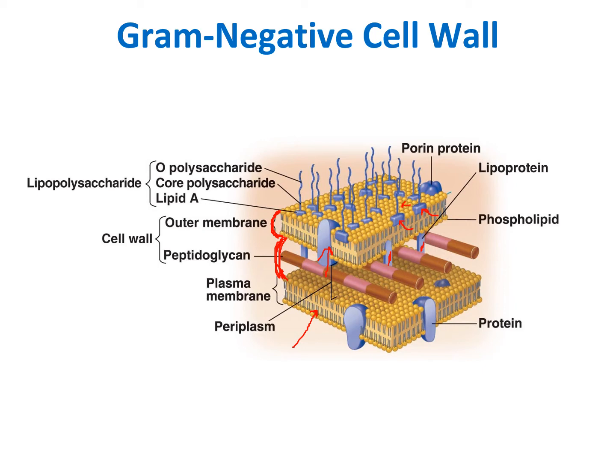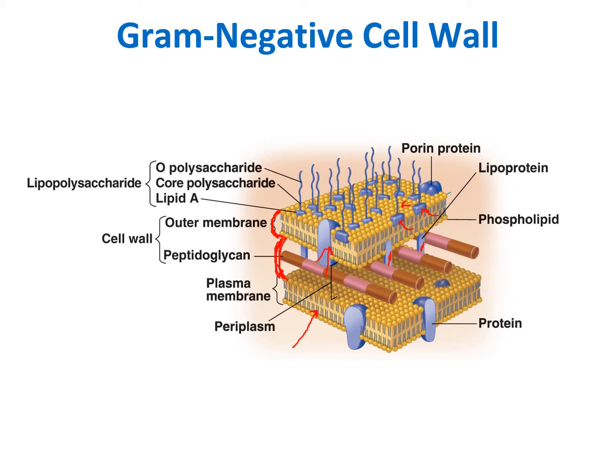It turns out that lipopolysaccharides give a negative charge to the outer membrane, and this is going to help repel hydrophobic compounds like certain drugs and disinfectants that would ordinarily kill the cell. Some gram-negative species live in the guts of animals like us, and the lipopolysaccharide repels fat solubilizing molecules like bile.